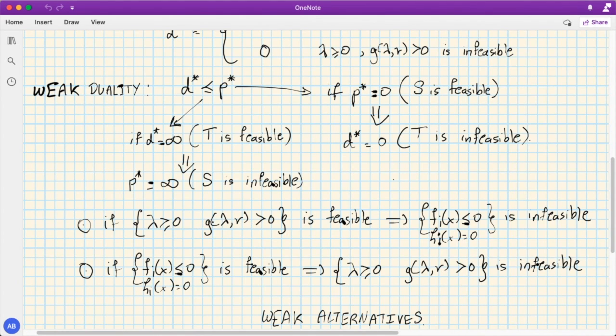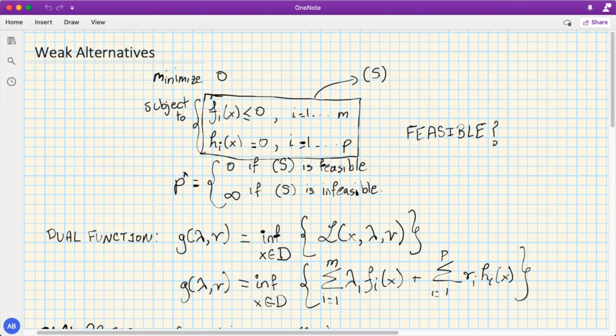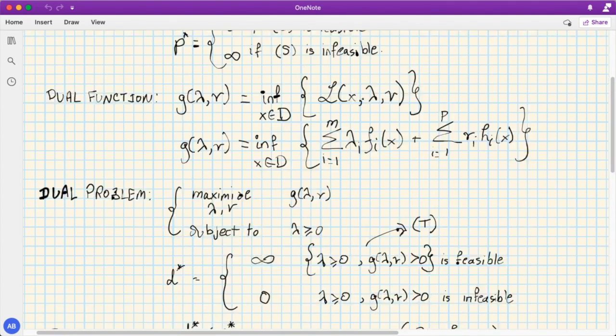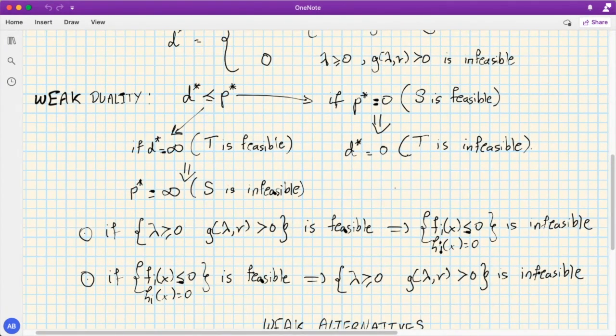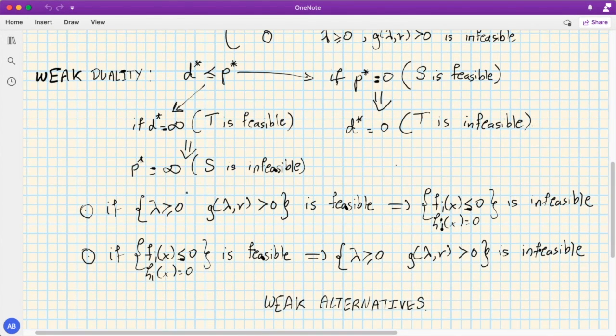It turns out, and that's what weak alternatives say, that at most one of the two sets, the first one being S, the set that I'm interested in, and the second one being T, another set that might help me in answering my question, is feasible. So if T is feasible, then S could not be feasible, and vice versa. If S is feasible, then T couldn't be feasible.